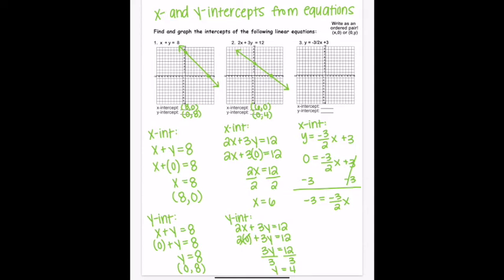All right, and now we need to undo that fraction. So to undo this fraction, we would have to undo the division first. So we have to do times 2 on both sides.